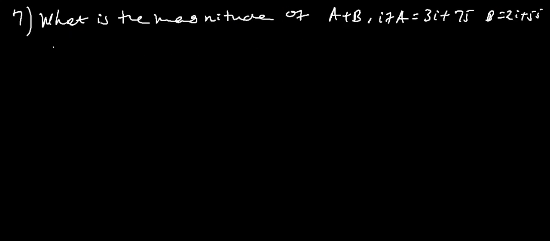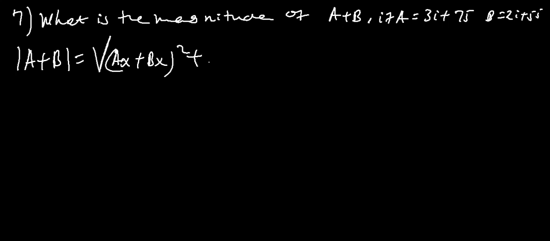Question number 7: what is the magnitude of a plus b if a is 3i plus 7j and b is 2i plus 5j? When such questions are given, we need to work out the magnitude. The magnitude of a plus b is equal to the square root of (ax plus bx) the whole square plus (ay plus by) the whole square.